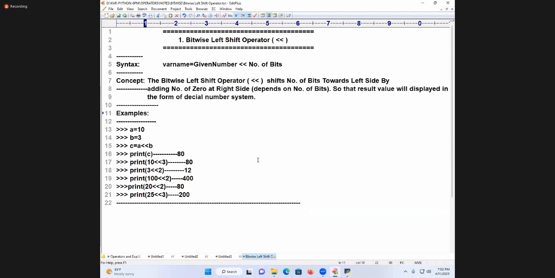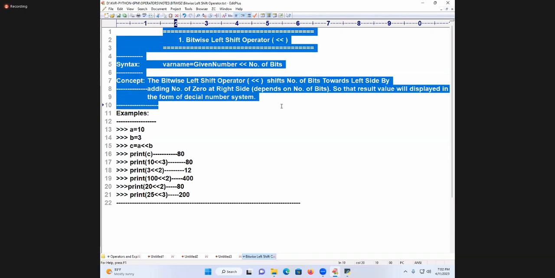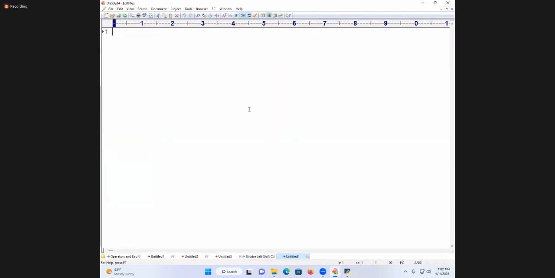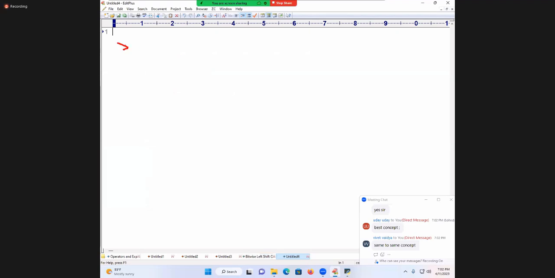The same diagram will be coming towards the left side. Can I take it directly now? Instead of drawing the diagram once again, I will take the same concept. Which one will I take? The right shift operator. Left shift operator, then right shift. See that, directly I will write the example.